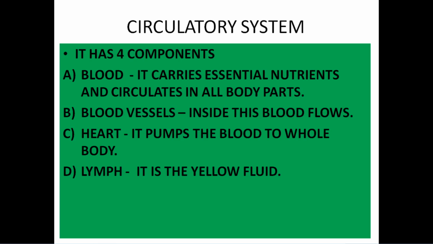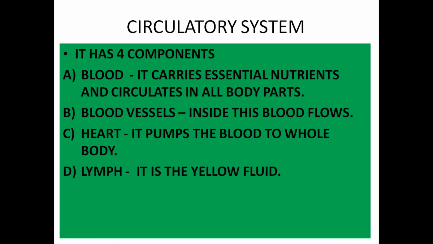First is blood. You all know blood is a kind of fluid that circulates, that moves in all the body parts. Next, we have blood vessels. These blood vessels are basically the containers in which the blood flows. That makes the circulatory system closed.